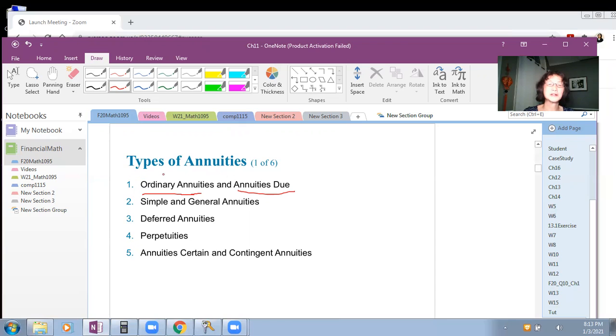If the payment is made at the beginning, it is annuity due. For example, your rent payment is annuity due, because usually you make payment on the first day of the month. Ordinary annuity means you make payment at the end.